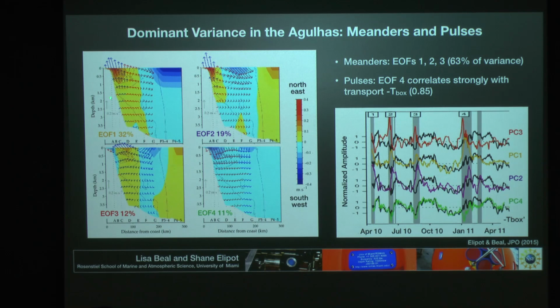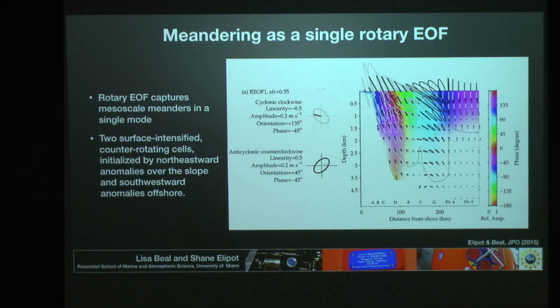And then it shifts offshore. Okay, this would be the peak of the meander event, so EOF1 peaks second, and then finally EOF2 peaks when the current's starting to come back onshore. So it takes these 3 eigenmodes to describe this mesoscale meandering process.